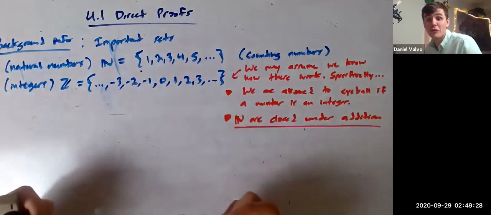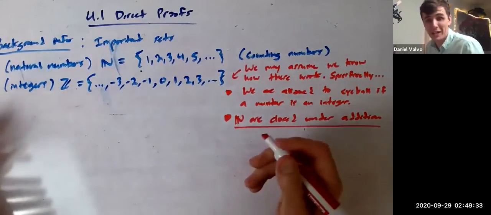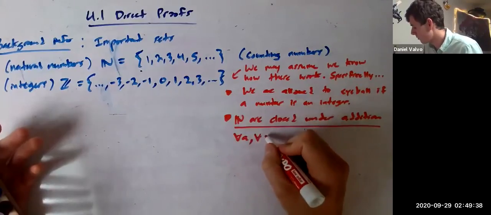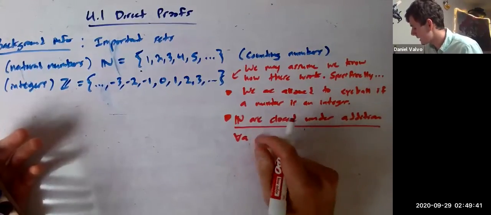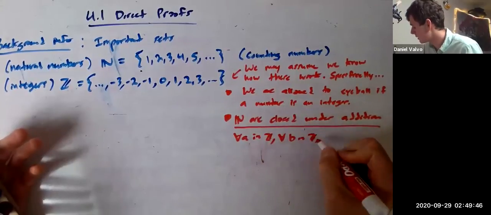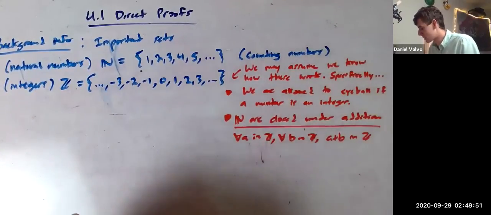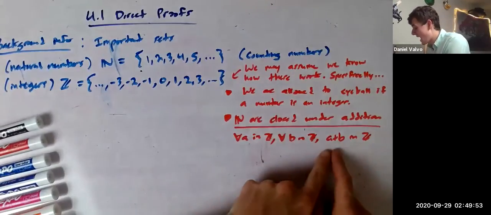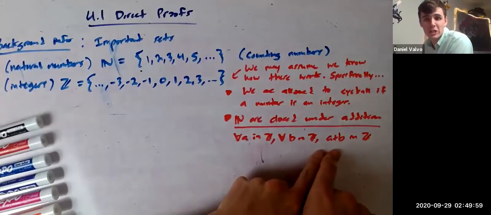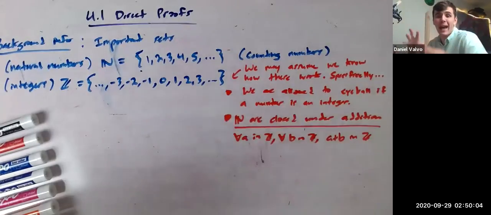So the integers are very open to addition, but closed under addition means that they're open to the concept, but they're closed under it, which means for all A in the integers and for all B in the integers, A plus B is in the integers. All it's saying is if you add any two integers, you're gonna get an integer. So it's closed under addition. What that concept kind of means is that you can't get out of the integers just by adding two integers together.